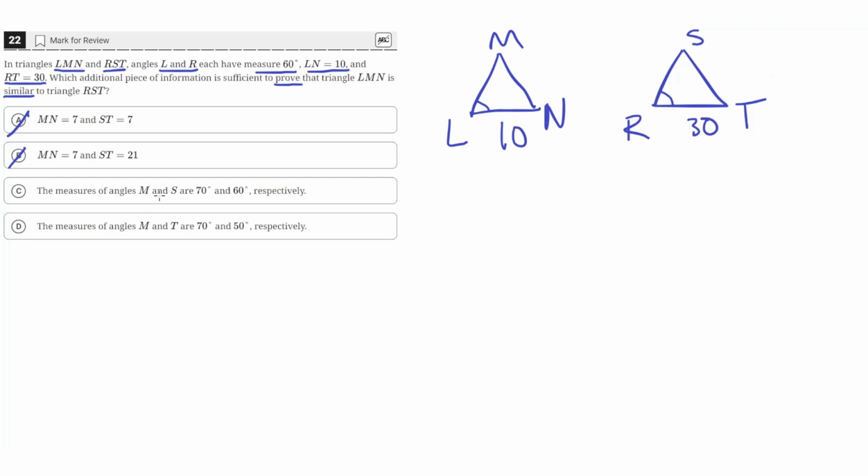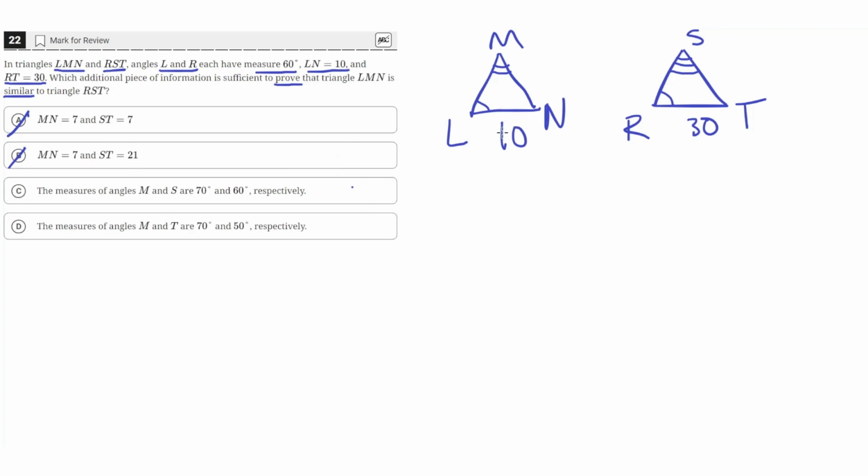The measures of angle M and S are 70 and 60 degrees respectively. So if M is 70 degrees and S is 60 degrees, these two triangles cannot be similar, since M corresponds to angle S, but since they have different angles, they cannot be similar triangles.